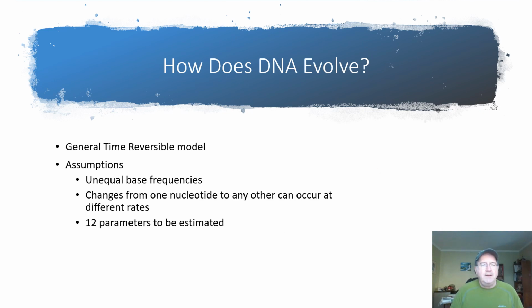Eventually we get to the most general model, called the General Time Reversible model, or GTR, which basically posits that all bets are off. We could have unequal frequencies of all four bases. You could always change from any base to any other, but the rates of any particular change can be different for all 12 possible changes. So there's a lot more parameters that have to be estimated.